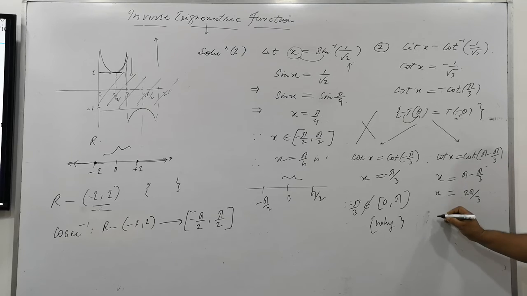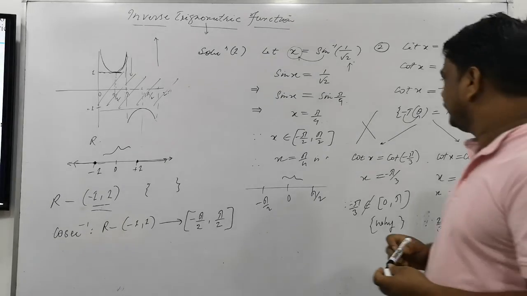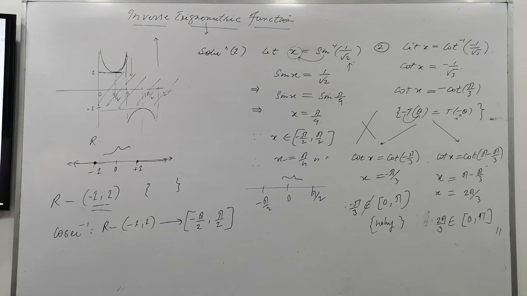And x is equal to 2 pi by 3 is the principal solution. Since 2 pi by 3 belongs to 0 to pi, it is the answer. It's a principal solution. Recalling the definition of principal solution, you may see this is the principal solution, 2 pi by 3.